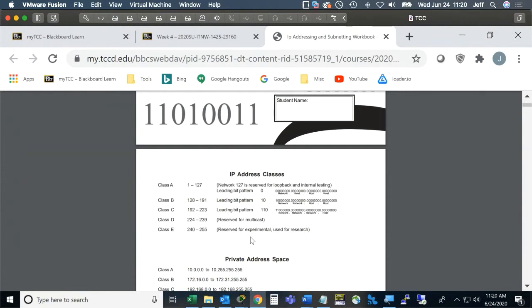That's version 4. It's really the IP addressing scheme that's been out for a long time, and we still use it. There is IP version 6 out, and it's starting to get used, but most internal networks still use v4.